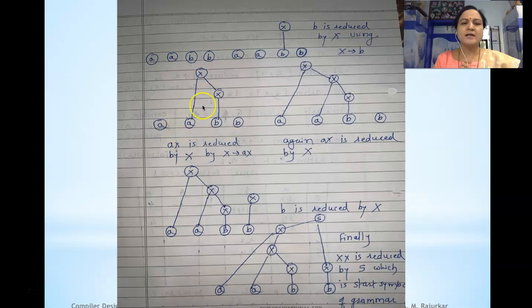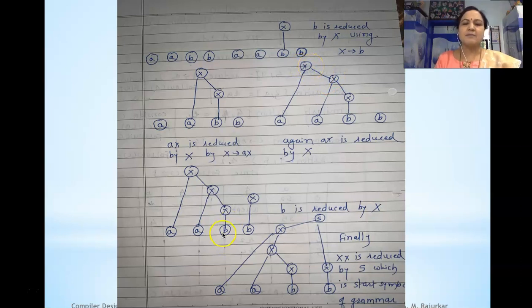Now what are the remaining nodes? A, X and B. So again this AX we are going to reduce to a further X.